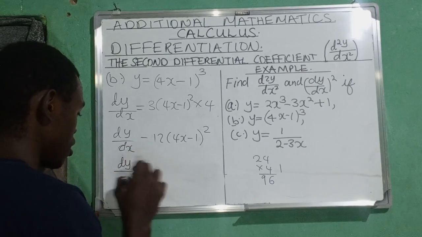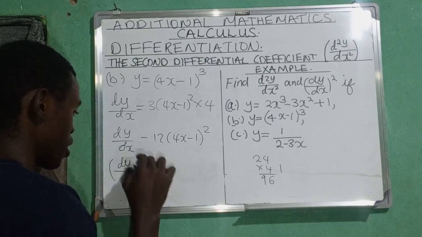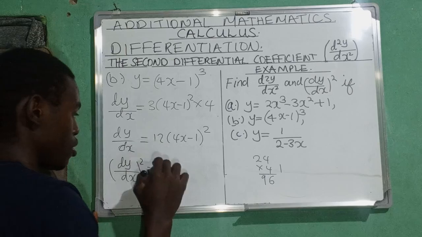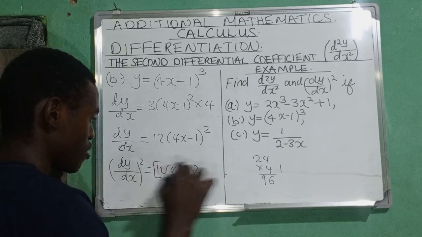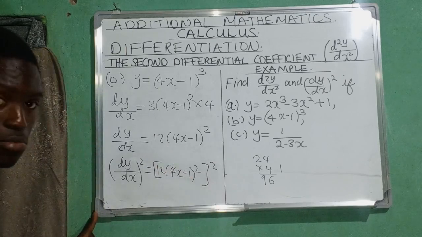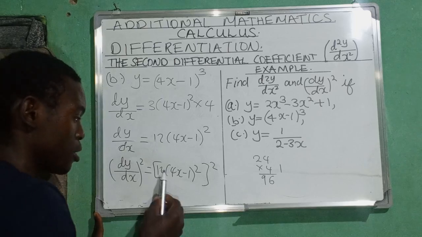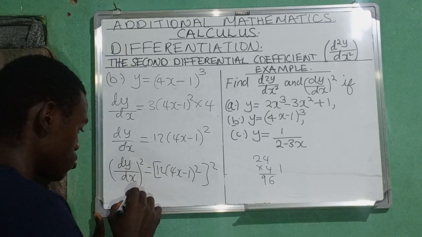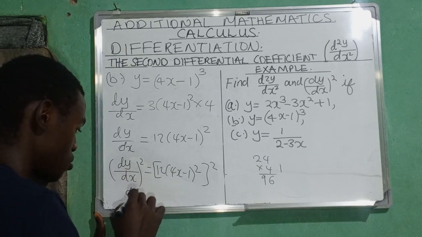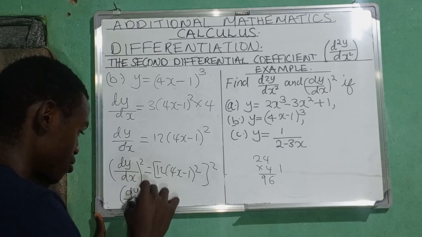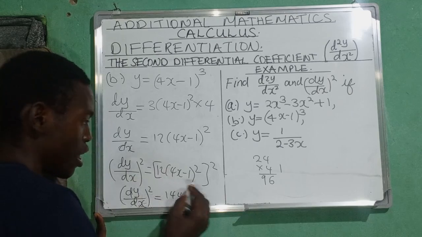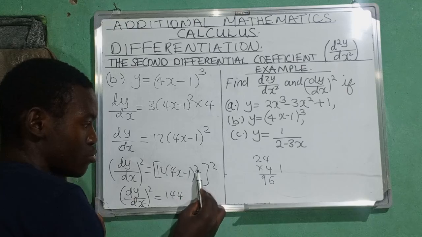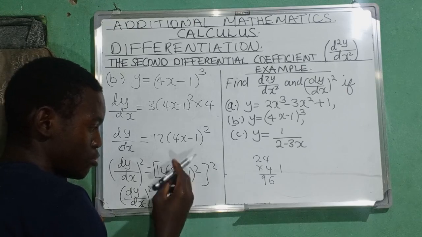Then your dy/dx, which has to be squared, is equal to 12 multiplied by (4x minus 1) raised to the power 2, everything being squared. How do you simplify this? You simply square the 12. So your (dy/dx) squared would be equal to 12 squared, which is 144, and then for an index of an index, you just do 2 times 2, which is 4.